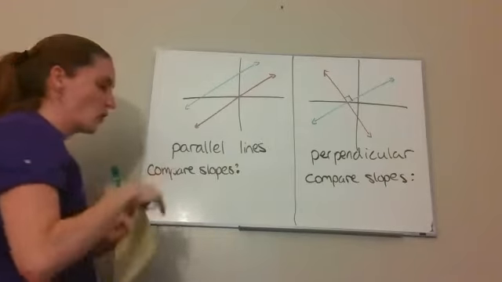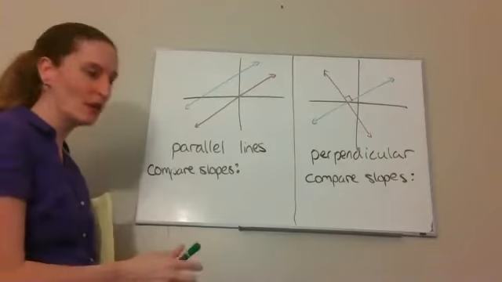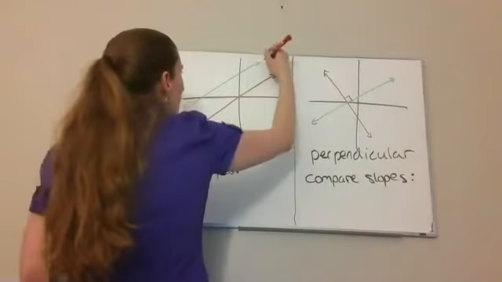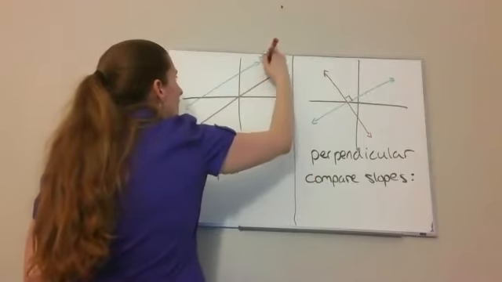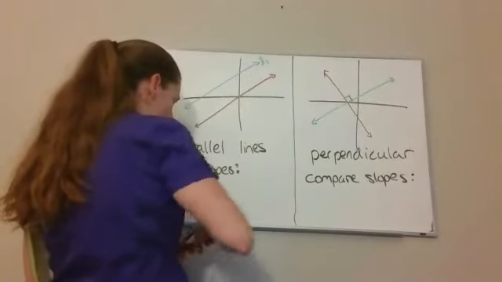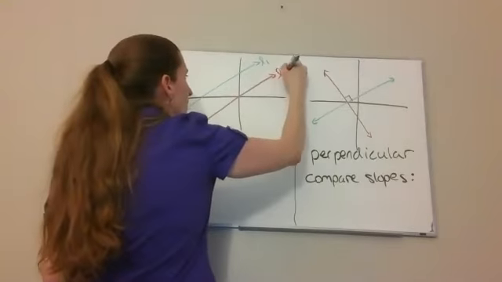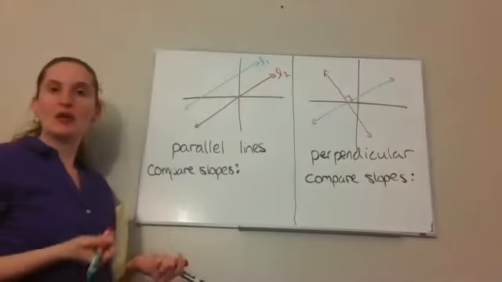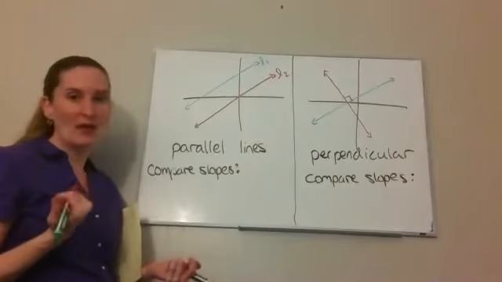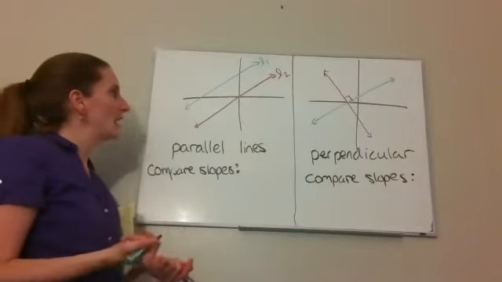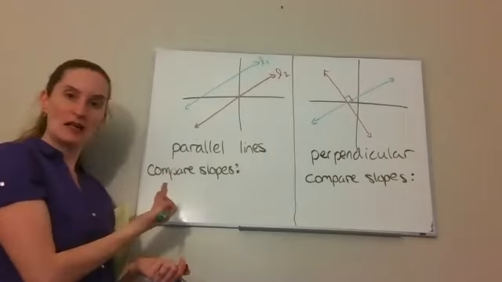Now remember, slope is talking about the steepness of the line. So I'm going to call this first line, line 1, L1, and the second line is going to be L2.